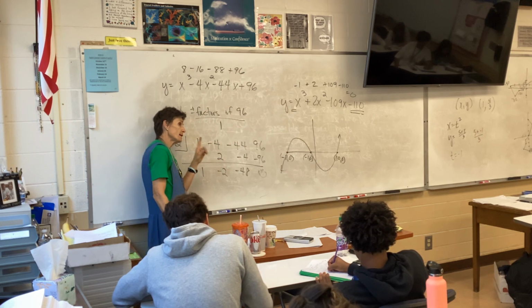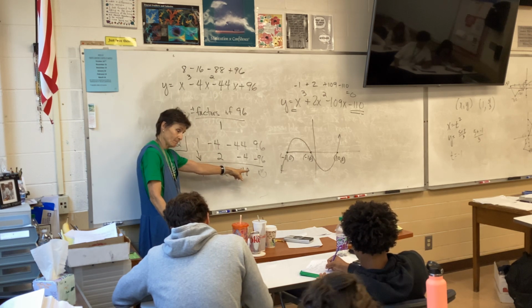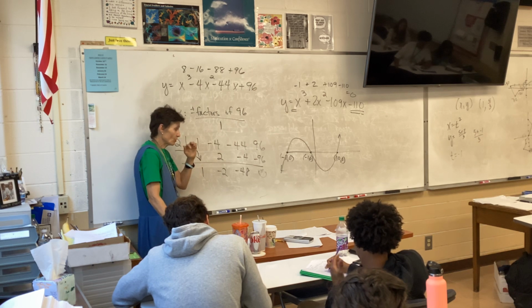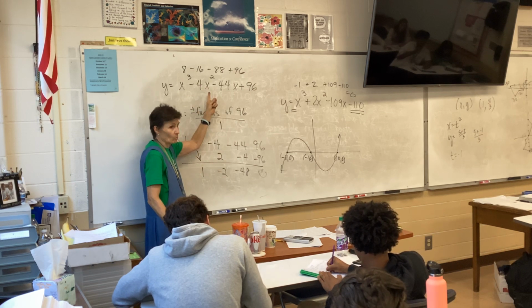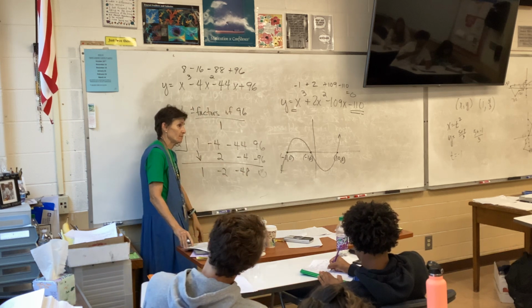If you don't end up with 0 as your remainder, that's the remainder spot. If you don't end up with 0, then either the number you thought was a 0 isn't one, or you made a mistake in your division. That has to happen.